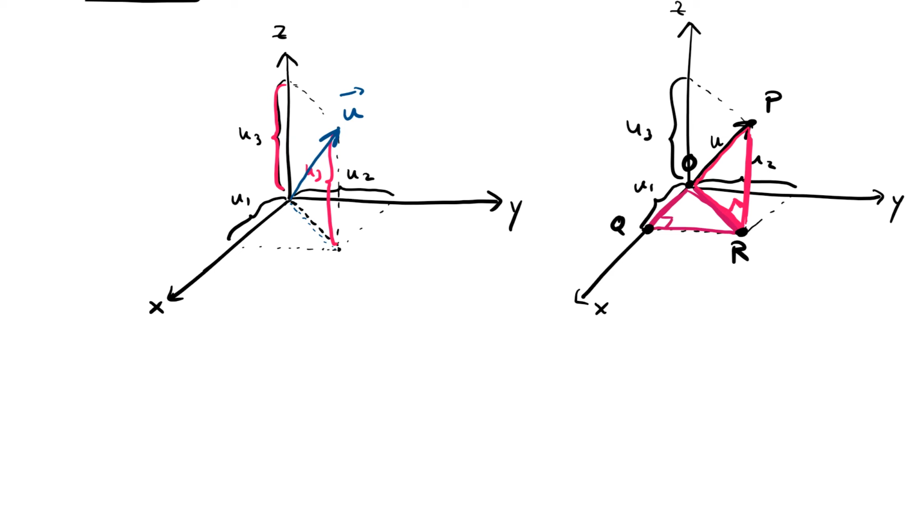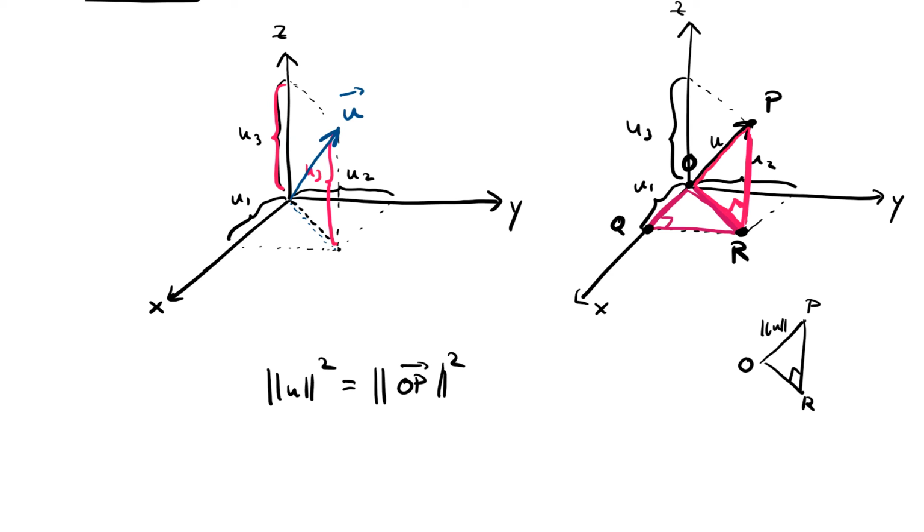So if I'm looking at the red triangle, I've got this side which is U, so its length is norm of U. This is P here, this is R, this is O. So if I apply the Pythagorean theorem, the hypotenuse is OP. So norm of U is norm of OP.